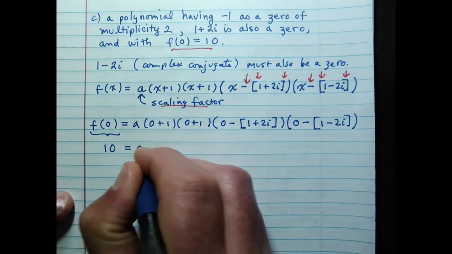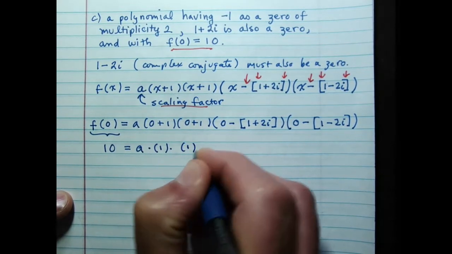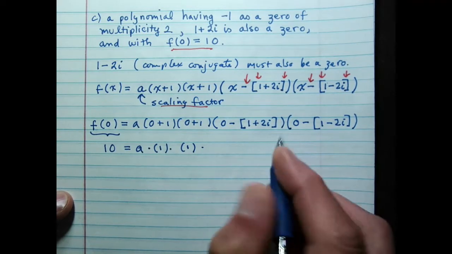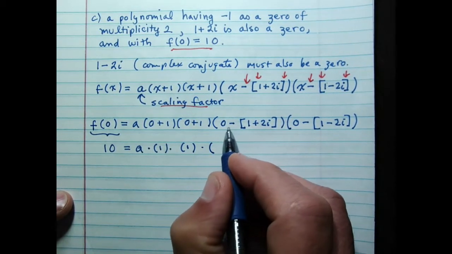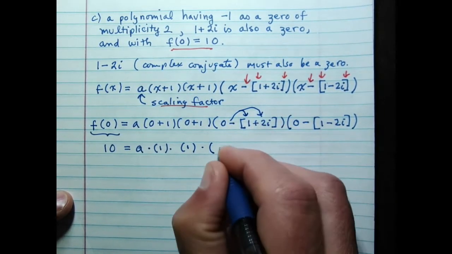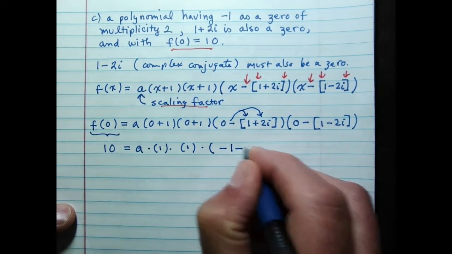So this is a times, I like the ones, times 1 times 1. But now these complex conjugate parts, the i parts, get kind of messy, because I have to distribute the minus sign here. So I'm going to have 0 gone, but I have minus 1 minus 2i.